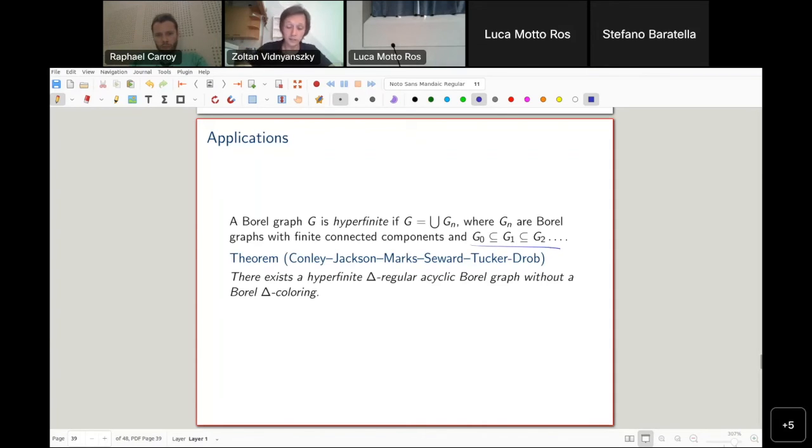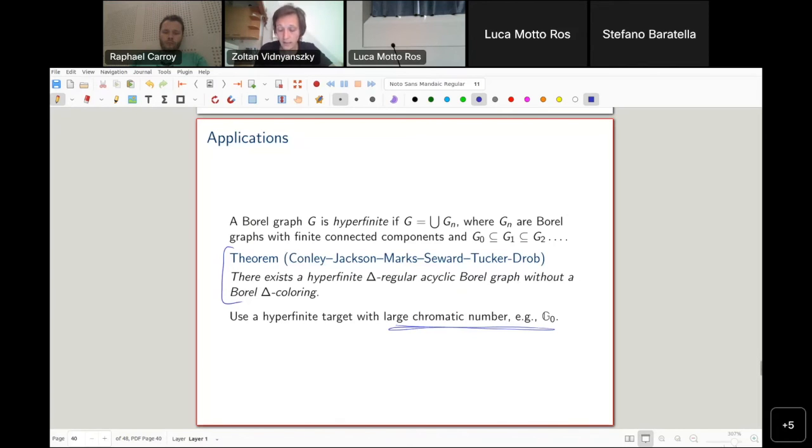And now we get this freely, essentially. We get this theorem in a very easy way because hyperfiniteness, in the right context, is also inherited by the homomorphism graph. So what we do is we take a graph with large chromatic number or complicated combinatorics that is hyperfinite, but it doesn't have to be delta regular.